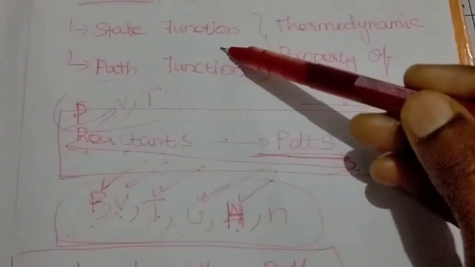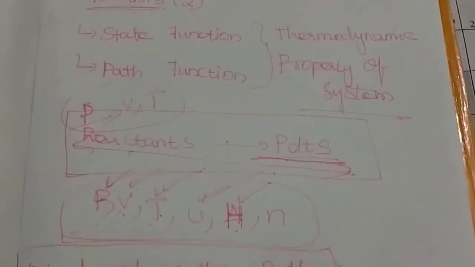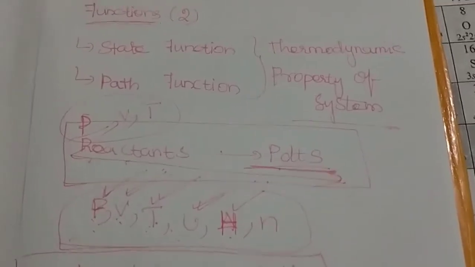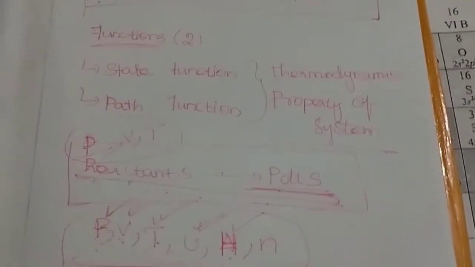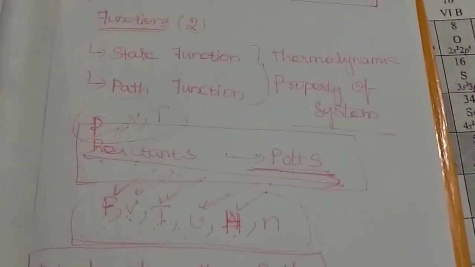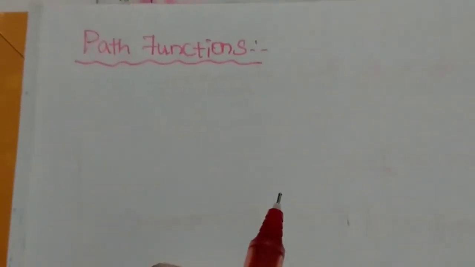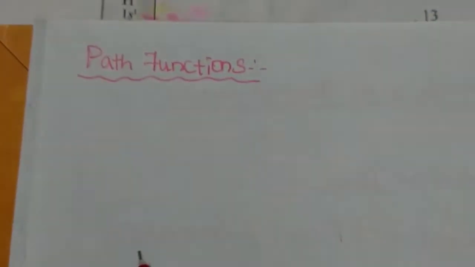Here the state function does not depend upon the path. Then what does path function mean? It means the variables used in the thermodynamic reaction depend upon the path of that reaction. So that is a path function. Path function is also a property of the system.